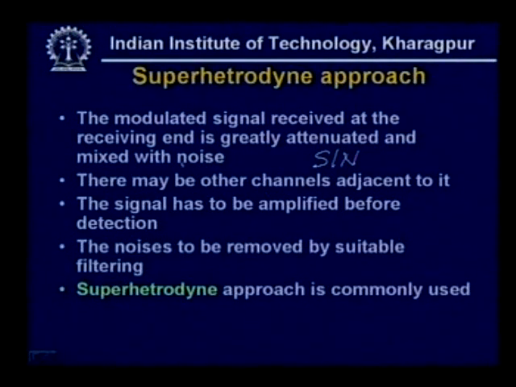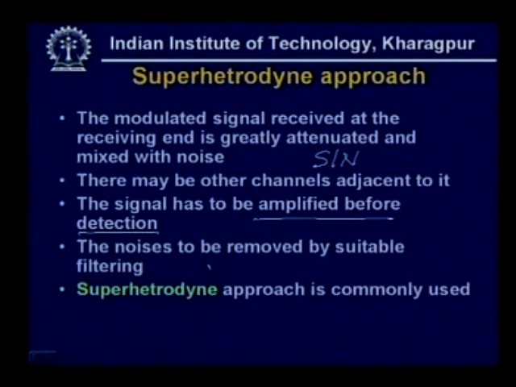So, whenever the signal is highly attenuated and you have got many channels adjacent to it, the signal has to be amplified before you can do detection, and the noises are to be removed by suitable filtering. For this purpose, one approach that is commonly followed is known as the super heterodyne approach.